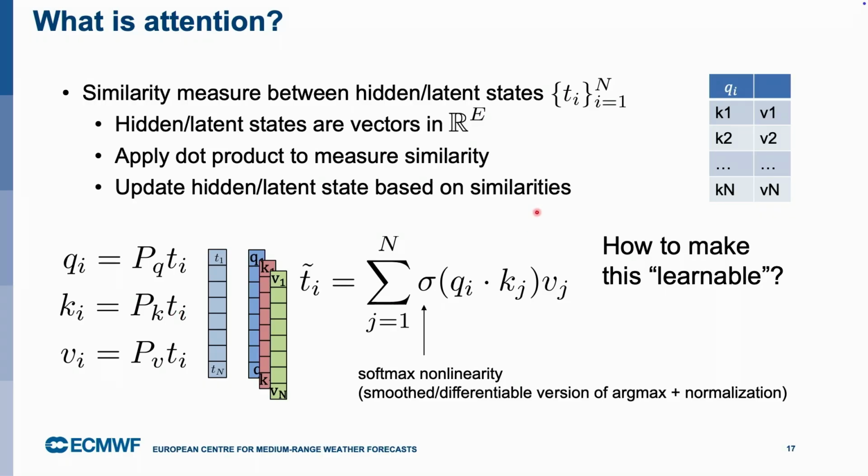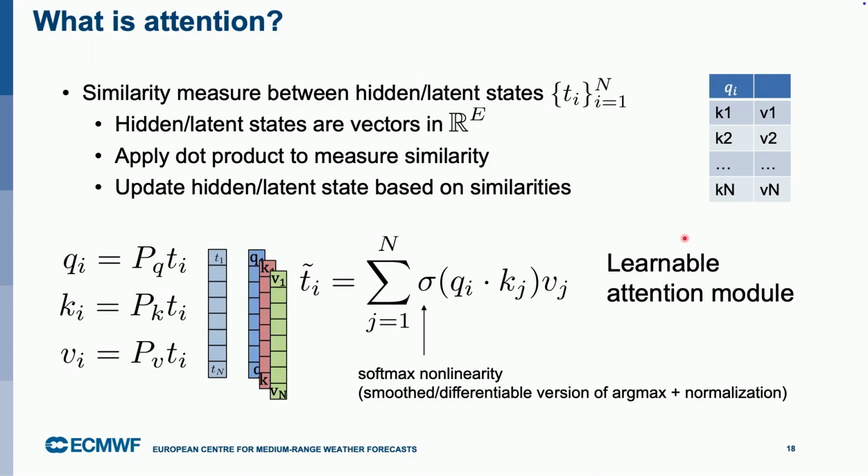I'm comparing my current word with all other keys, and the larger the dot product is, the more similar query and key are, the more I take of the respective value standing behind the key. So I have a query, I have the word, and I'm looking for how similar all the other words are. And the more similar other words are, the more of this respective word I'm taking.